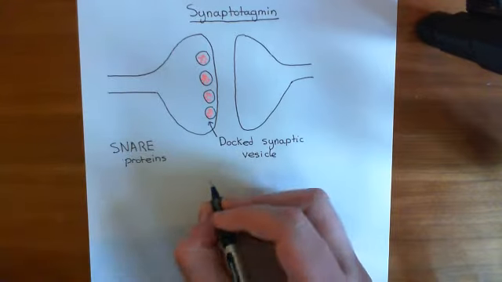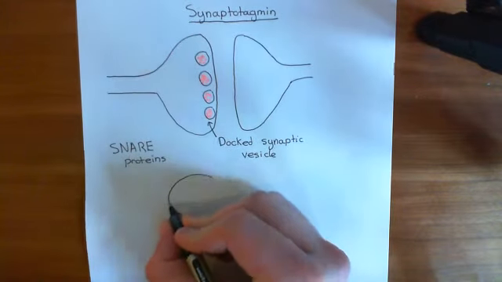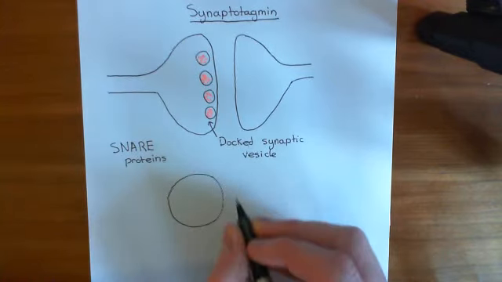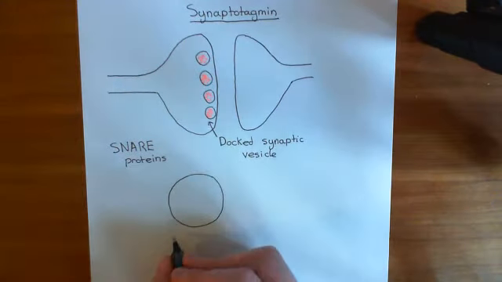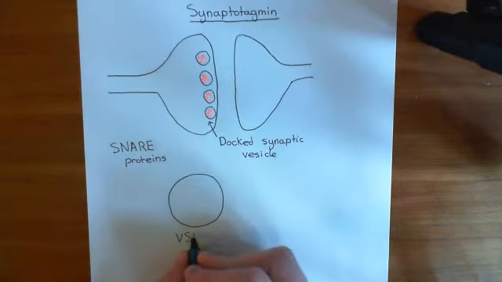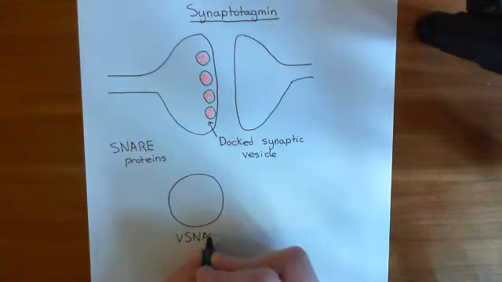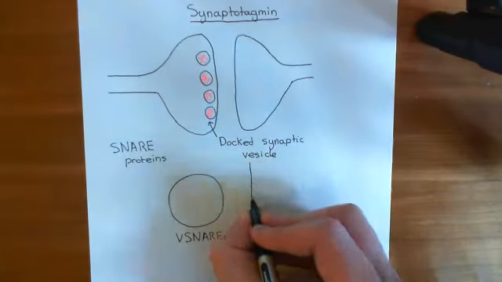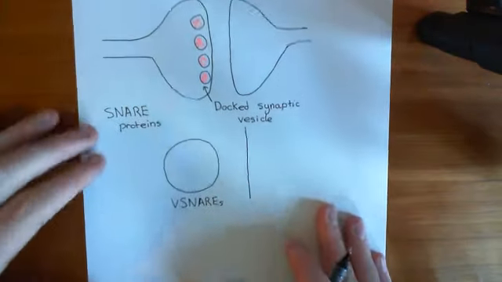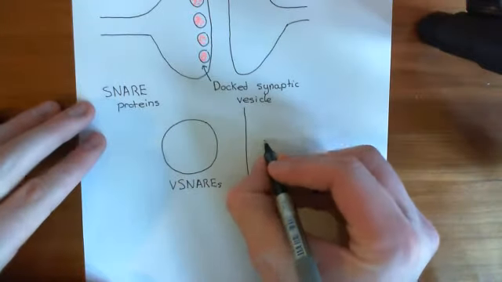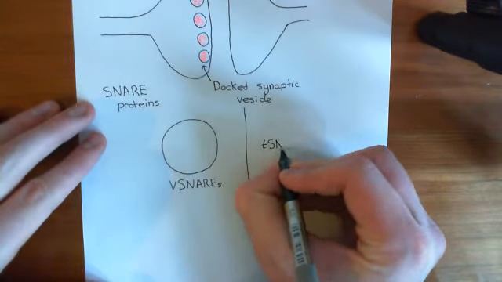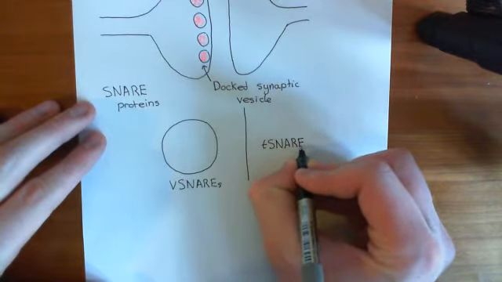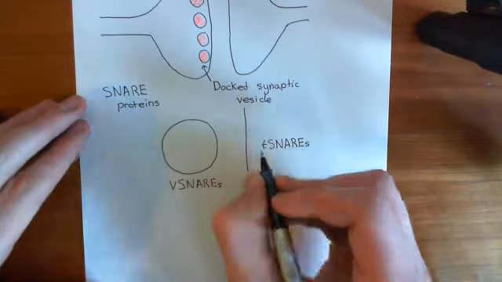Right, okay, so snare proteins can be roughly divided into two types. The snare proteins which are in the membrane of the vesicle, known as the V-snares for vesicular snares, okay, and those snare proteins which are on the plasma membrane, which I'll draw here, okay, which are called T-snares for target snares, because the plasma membrane is seen as being the target membrane for the fusion of this vesicle.